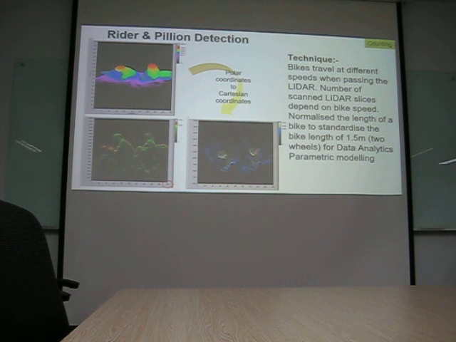The first slice that shows something is the start, and the last slice is the end. Then you do the normalization. 1.5 meters is arbitrary, so you just flip a coin. Everybody say 1.5, okay, like that.